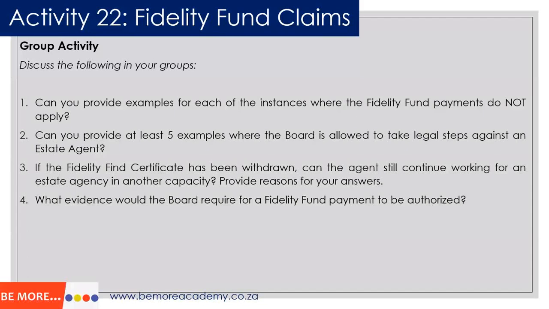Provide reasons for your answers. What evidence would the board require for a Fidelity Fund payment to be authorized? Let's take one question, and it's a group activity, but let's do one for you. Can you provide at least 5 examples where the board is allowed to take legal steps against an estate agent?